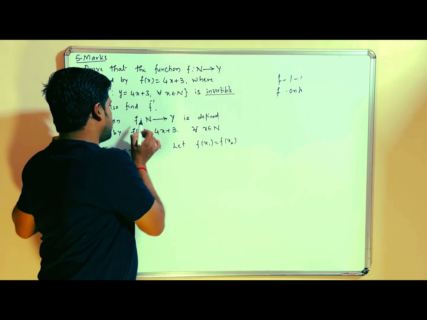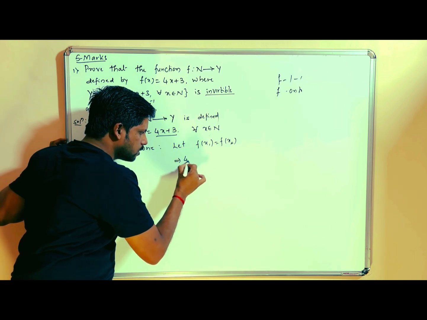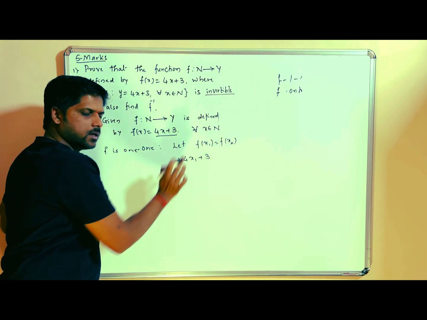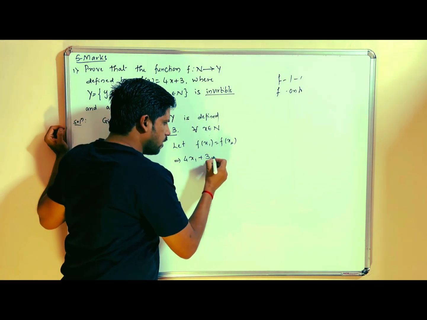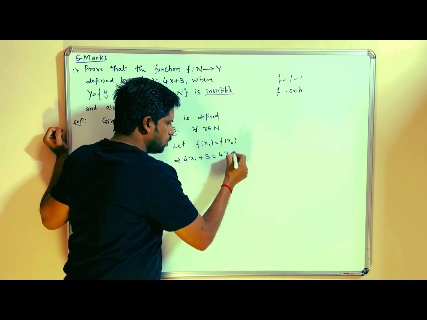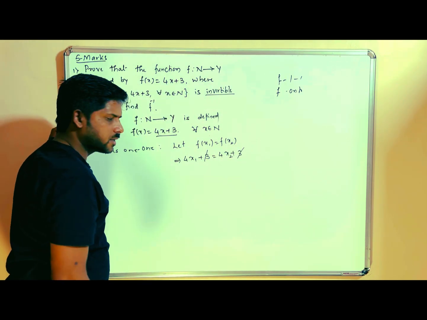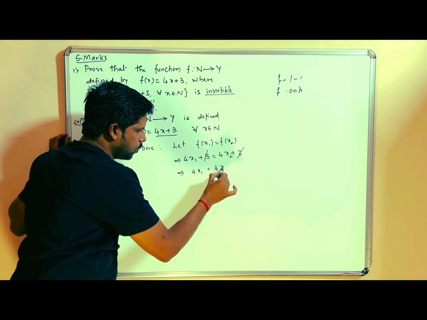So here f of x is defined as 4x plus 3. Then f of x1 is defined as 4x1 plus 3, because in place of x we have x1, right? Wherever x is there, write x1. Similarly here f of x2 is 4x2 plus 3. Here plus 3 gets cancelled, and we have 4x1 is equal to 4x2.